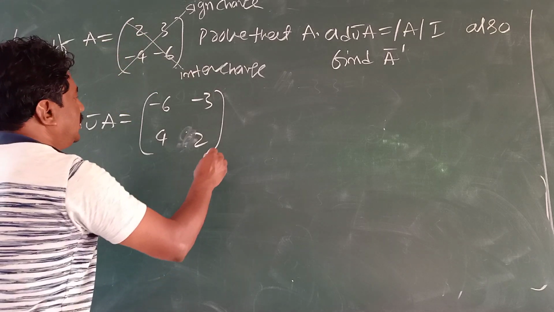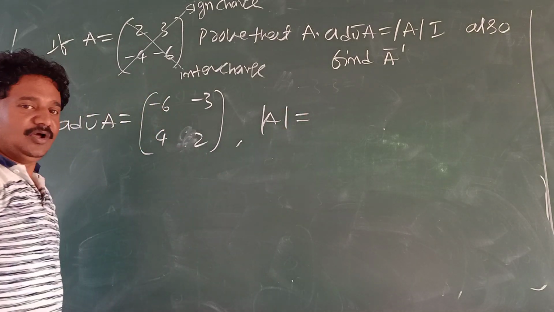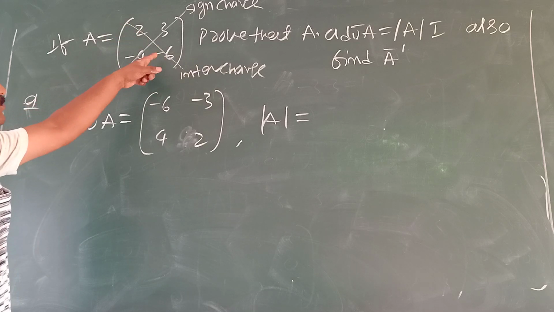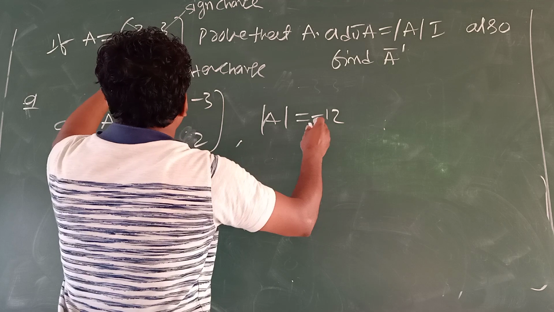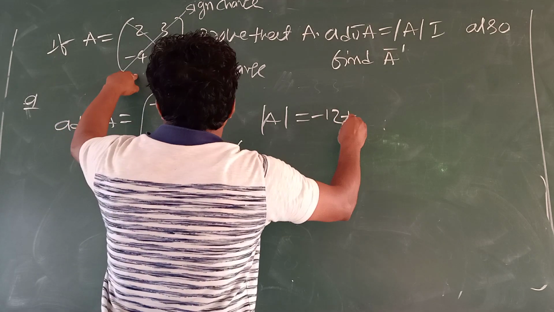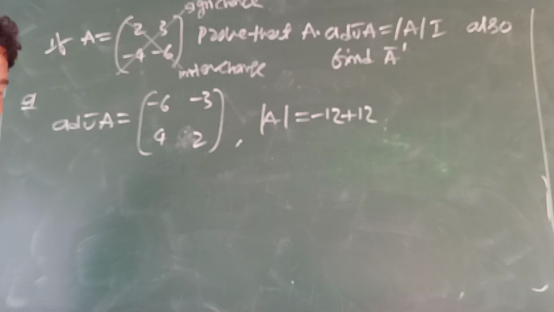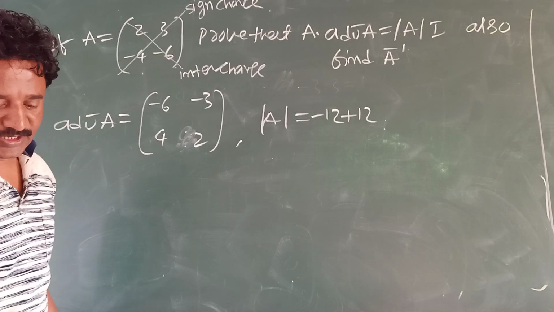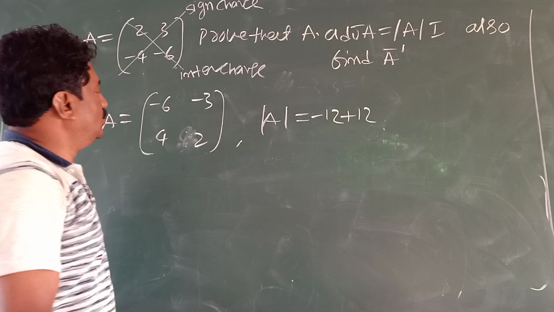Next let us find out det A. You know how to find the determinant of the given matrix. Product of these two: minus 6 2s are minus 12, minus of minus plus 4 3s are 12. So minus 12 plus 12 is 0.